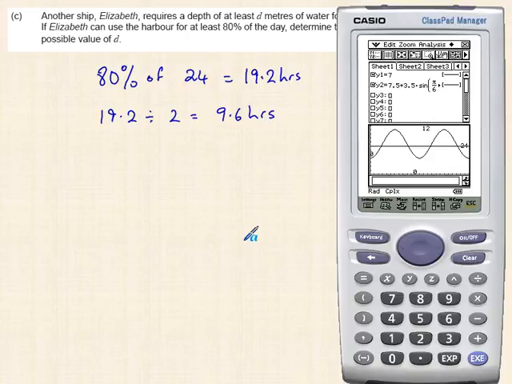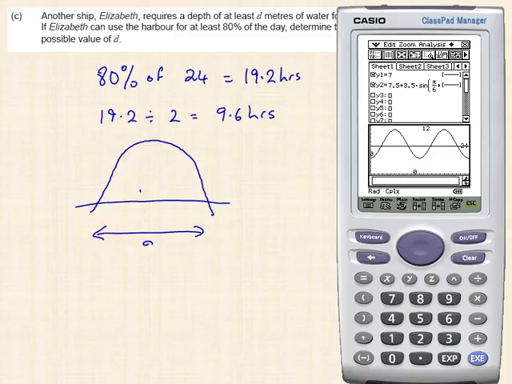Returning to the graph from earlier, what this is telling us is that where we have this, this is 9.6 hours. By symmetry, this is going to be 9.6 divided by 2, which is 4.8 hours.